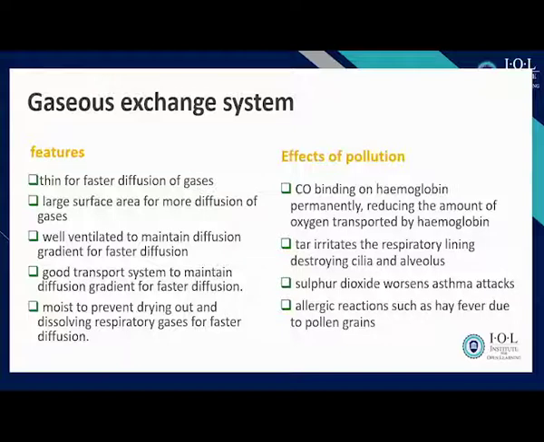Then we have tar that irritates the respiratory lining and destroys the cilia and the alveolus. Sulfur dioxide worsens asthma attacks. Then, of course, allergic reactions from pollen, for example.